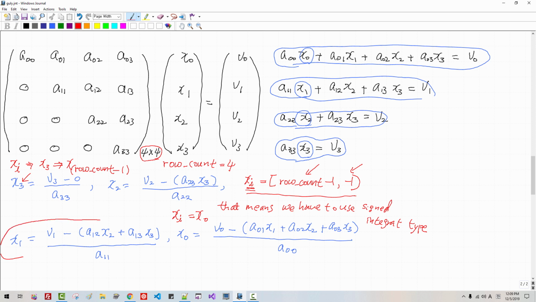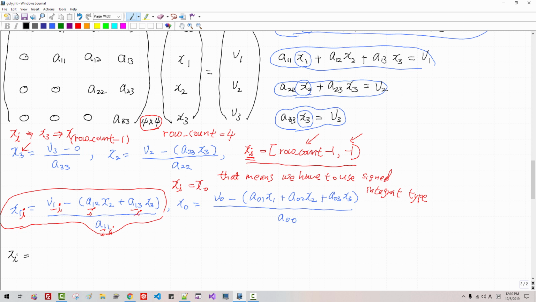In this equation, the index of x is i. So this is i, this is i, this index is i, this index is i. Also, these two indices are i. xi equals bi minus ai2 x2 plus ai3 x3 over aii.